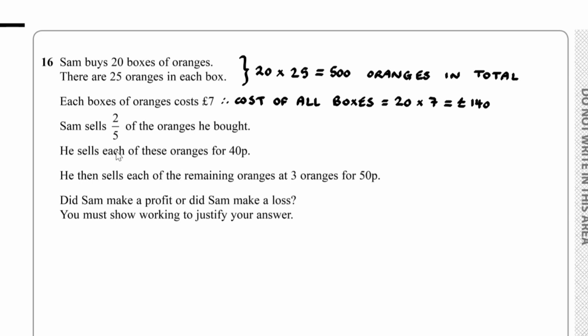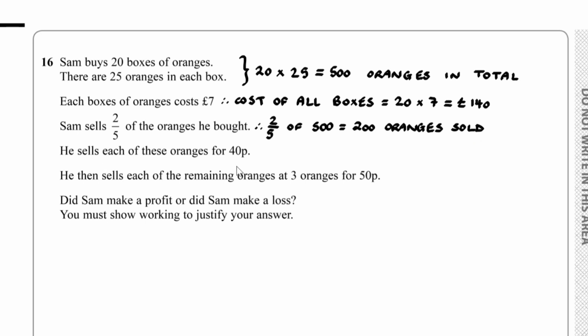Now 2/5 of the oranges he bought are sold. So that means that 2/5 of 500, well, here 500 divided by 5 is 100, times that by 2. That means we have 200 oranges are sold.